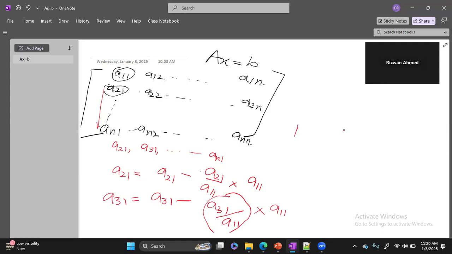For example, if I select a kth row, the operation will be Rk minus the first row with a multiplier, and the multiplier is defined with the first entry ak1 divided by a11, right? So with this operation, all the entries below this first leading diagonal will become 0, right?